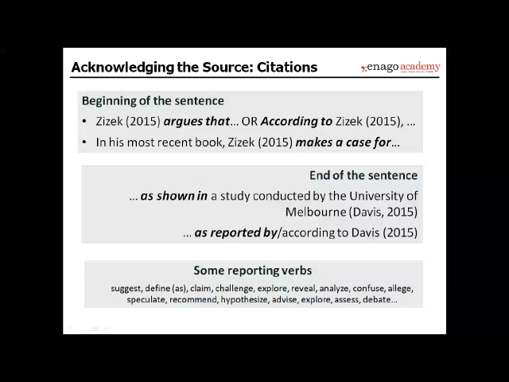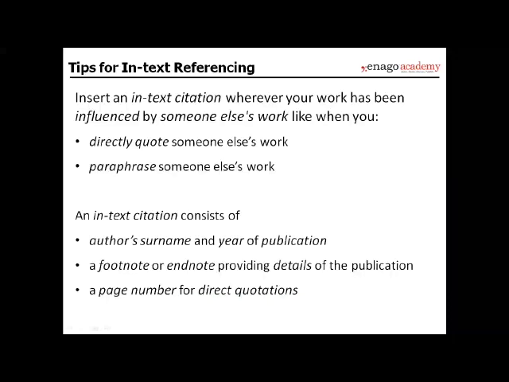Now here are a few tips for in-text referencing. There are various styles. When you refer to secondary sources in your research report, it is imperative that you provide references. There are so many styles, Harvard, APA, MLA, and basically you have to check the journal guidelines and then follow the guideline that is being recommended by your target journal.